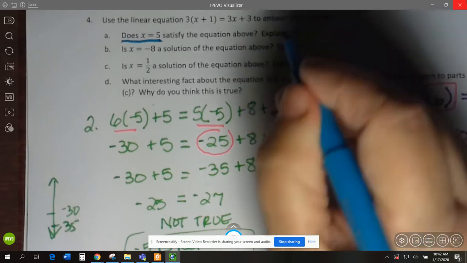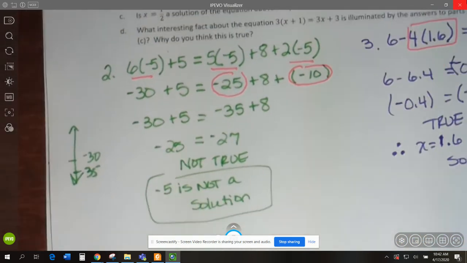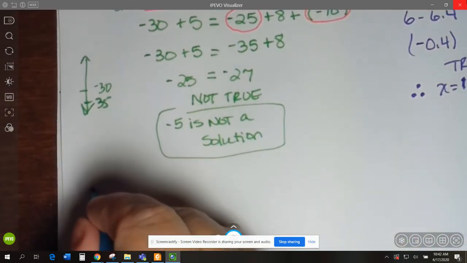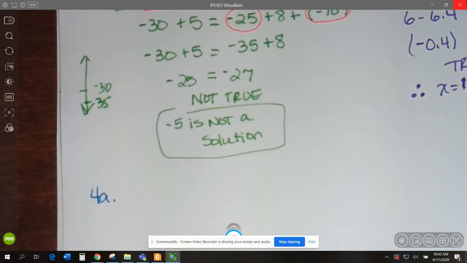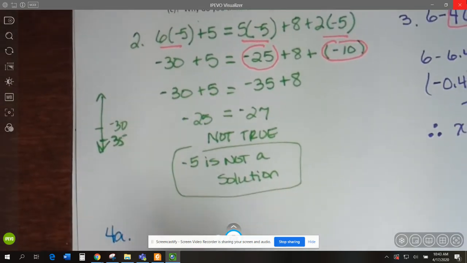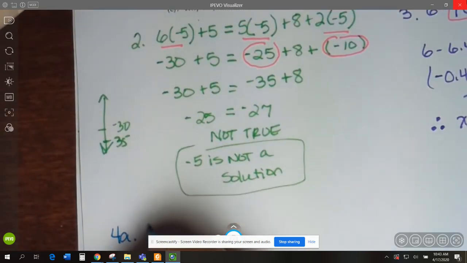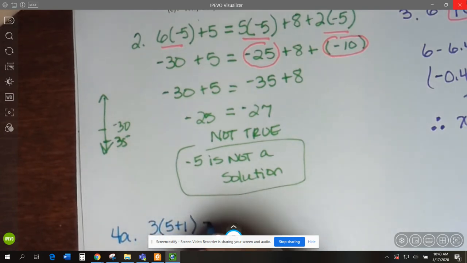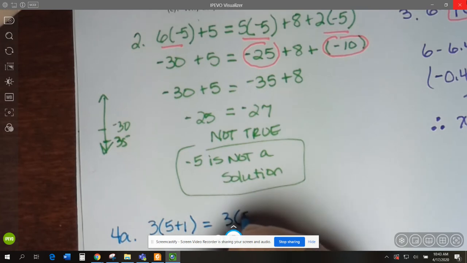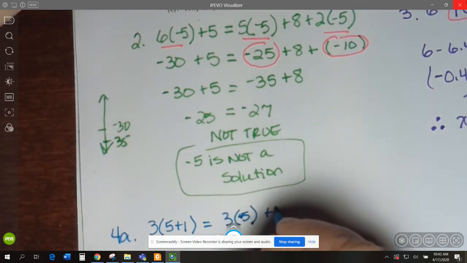And we do this with our substitution. So let's do 4a. Right here. X is 5. Therefore, I have 3 times 5 plus 1 equals 3 times 5 plus 3.